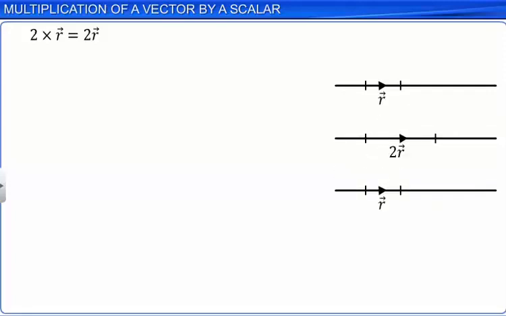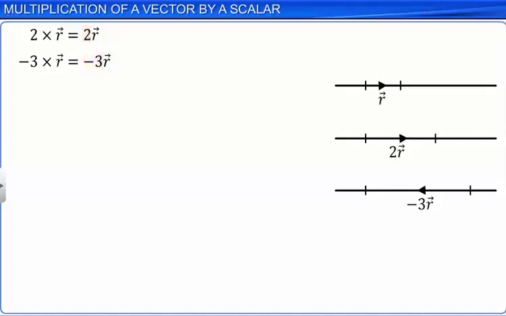Similarly, if we multiply vector r by -3, we get another vector, -3r, opposite in direction to vector r and with thrice its magnitude. Note that in these cases, we have multiplied vector r with the scalar quantities 2 and -3 to get new vectors.